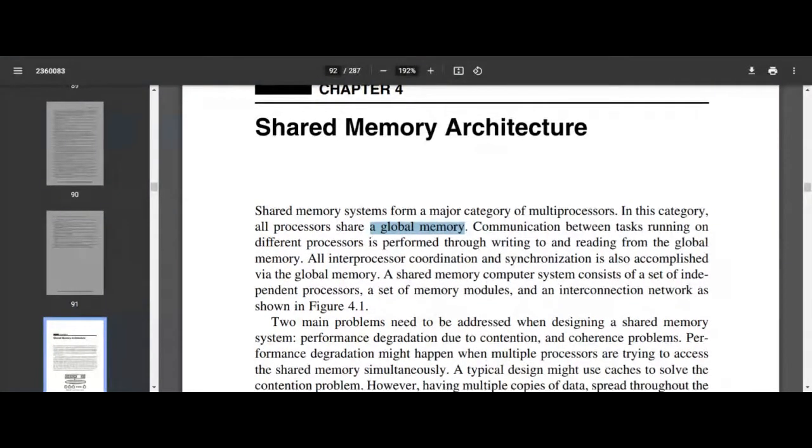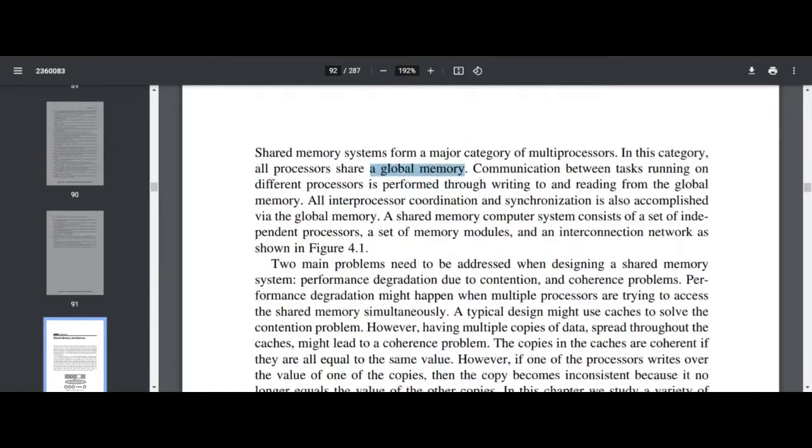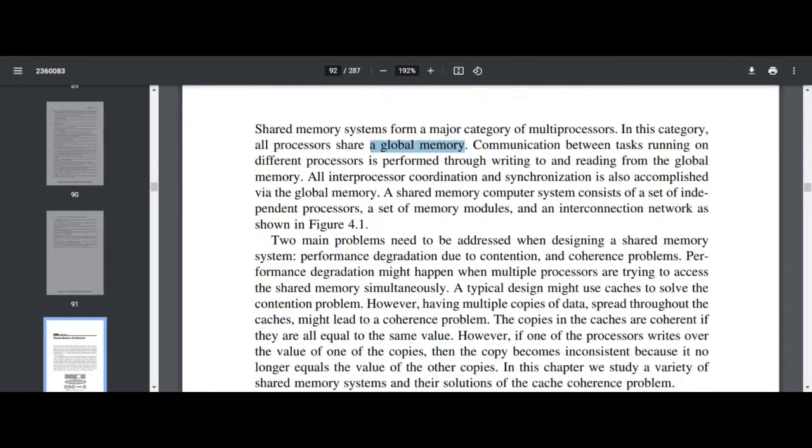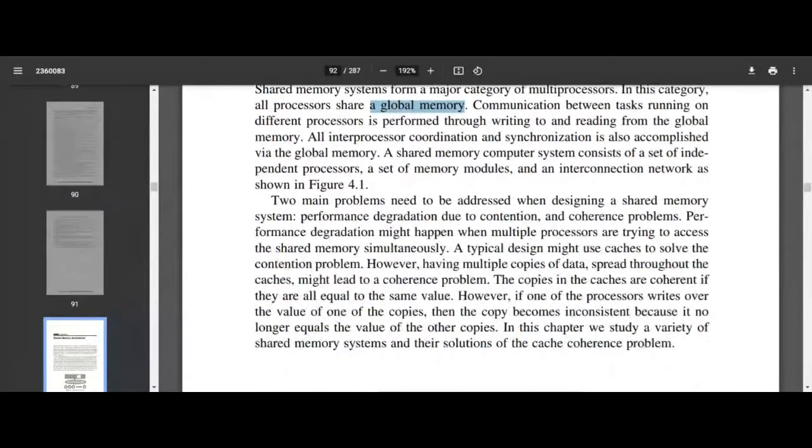If it is a global memory, we know that a problem occurs: multiple processors are accessing a single shared memory, which creates a problem known as cache coherency. The author is also saying, as you can see in figure 4, that two main problems need to be addressed while designing a shared memory.